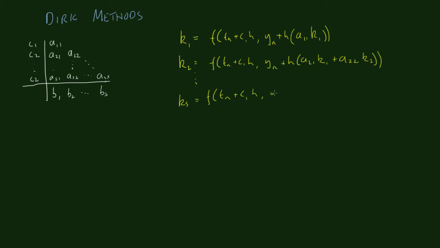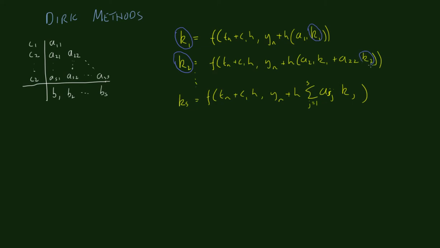I'm going to be a bit lazy here and write it in summation form: the sum from J equals 1 to S of A_SJ KJ. The reason I wrote these out is to remind you that K1 here does appear on the right hand side, and K2 here again appears on the right hand side.